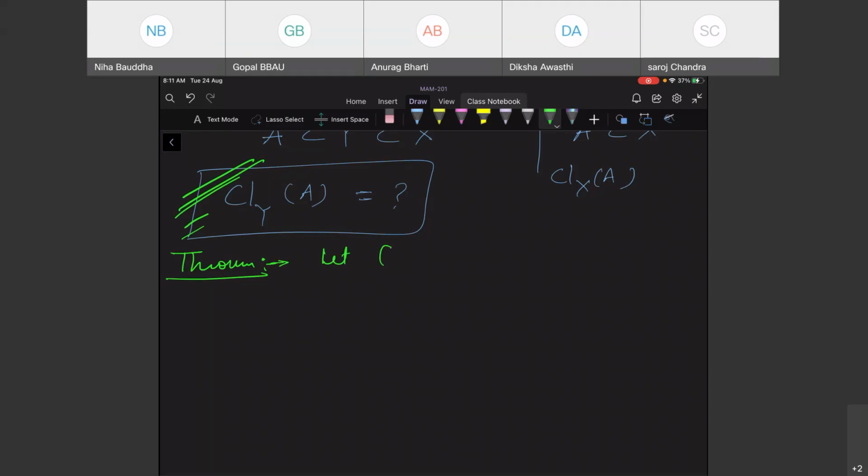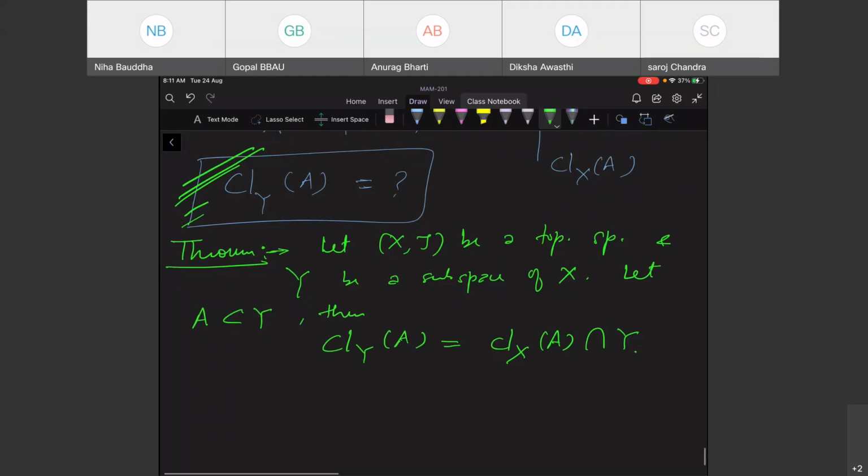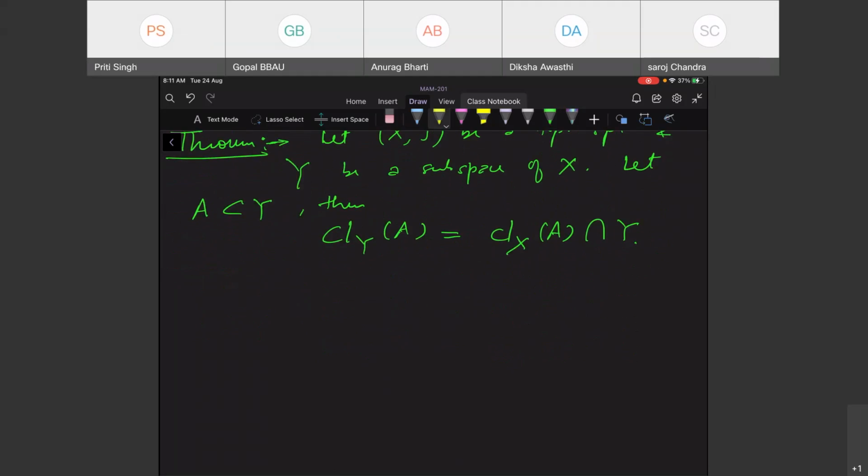Let (X, tau) be a topological space and Y be a subspace of X. This means we are taking the topology tau_Y on Y. Let A be a subset of Y. Then closure of A in Y is nothing but closure of A in X intersection Y. Let us see a proof of this.